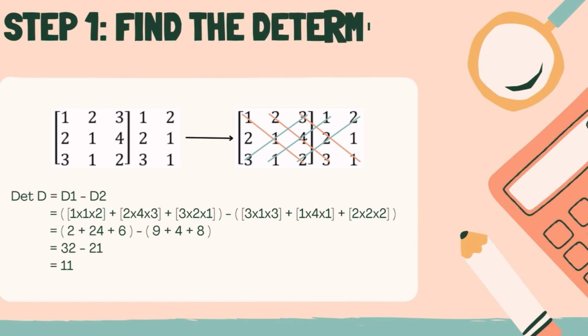So first thing you will do is you will have to find the determinant of the matrix D, which means since there are 3 rows and 3 columns, you have to add the first row and the second column on the right side of the matrix, so you can find the main diagonals and the secondary diagonal.